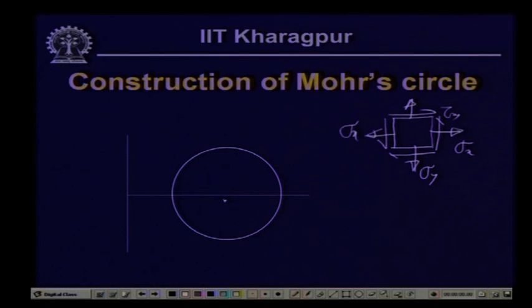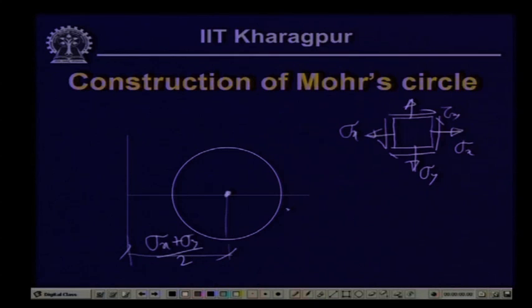As we have seen, the center of the circle is located at a distance of sigma x plus sigma y by 2. So, the center of the circle is located.